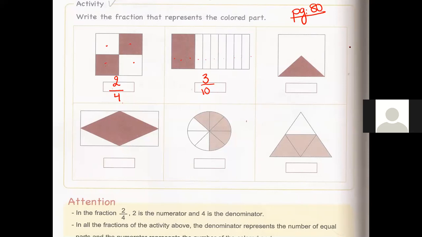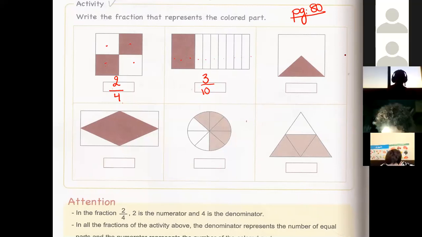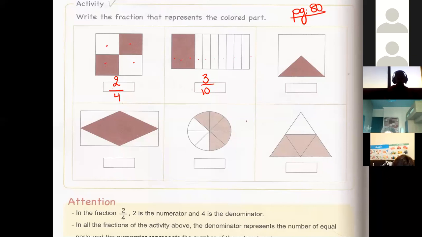Okay. Jad Asaad. Yes, Jad. The third one. How do we write the fraction? Miss, here it's not cut into 2 parts. Excellent, Jad. Bravo.